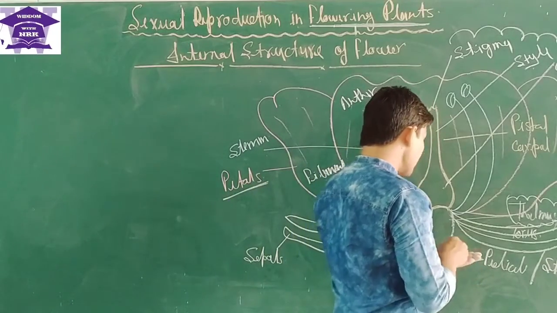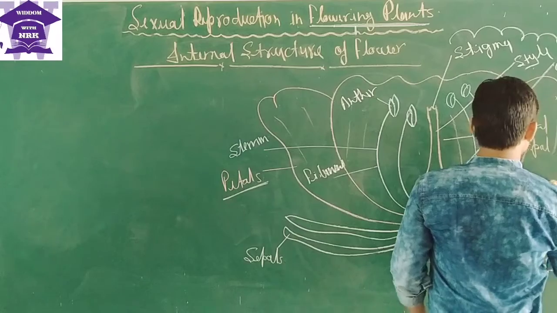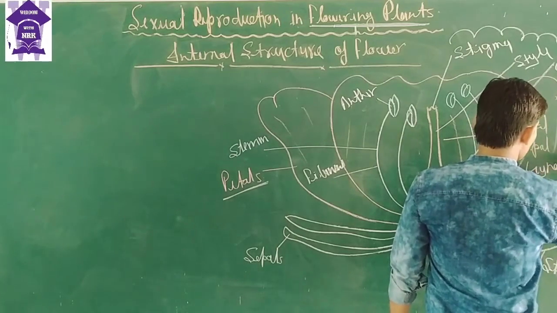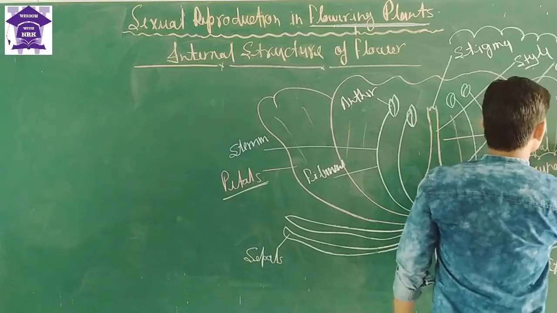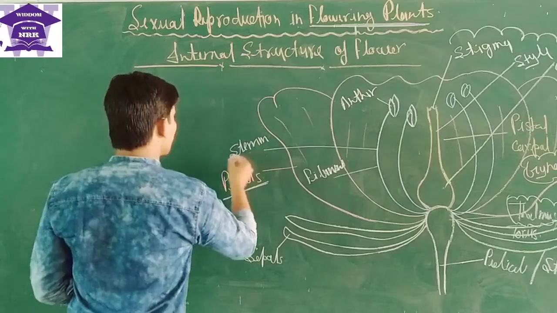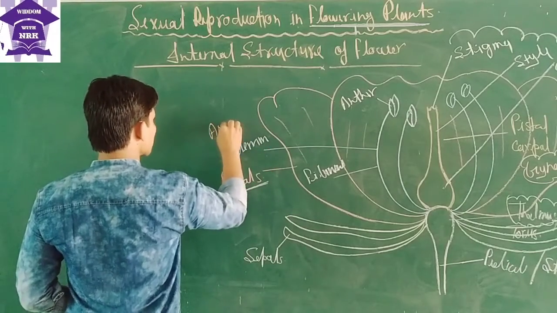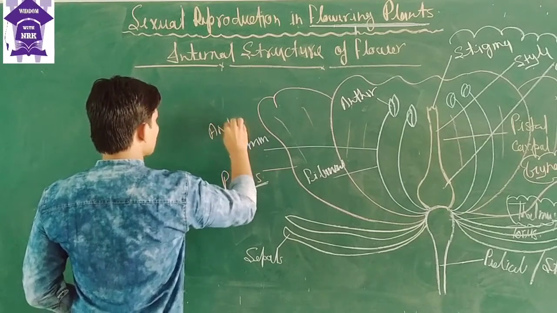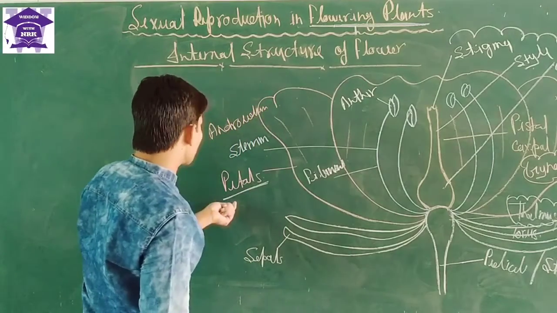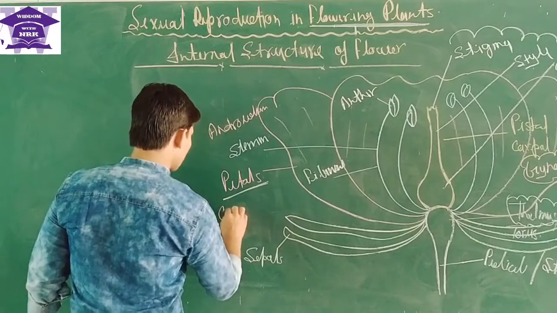The pistil unit is known as the gynoecium. The stamen group is known as the androecium. And the group of the petals is known as the corolla.